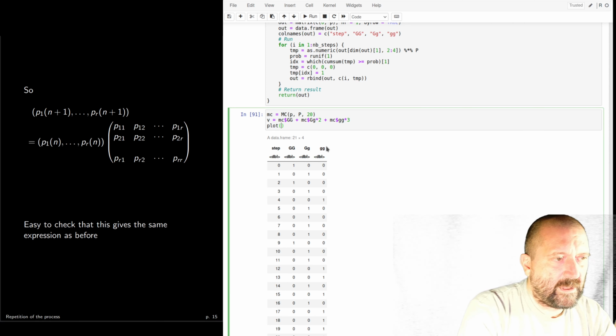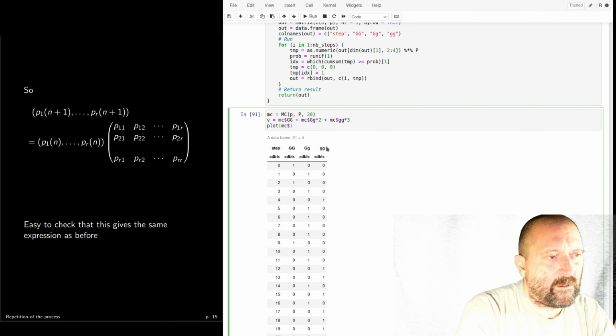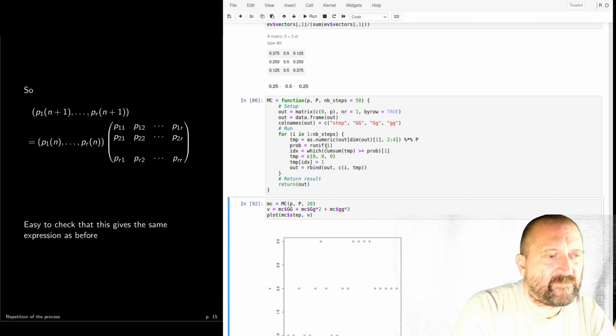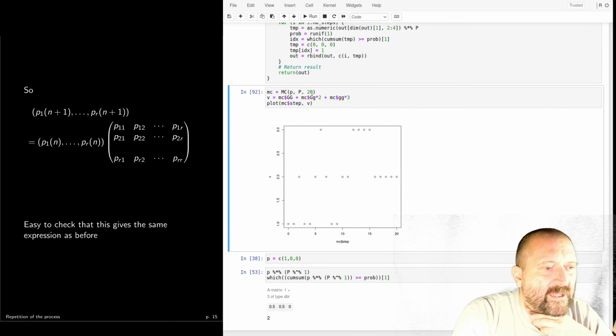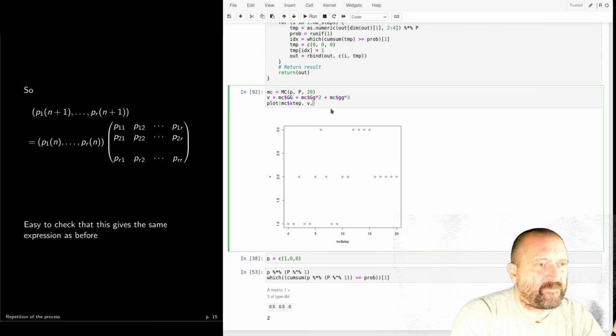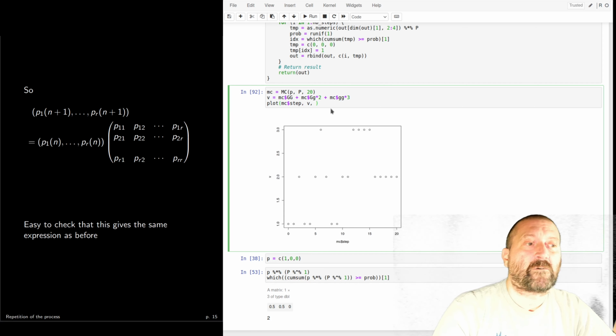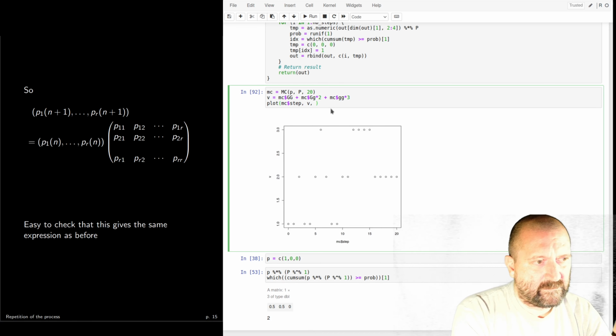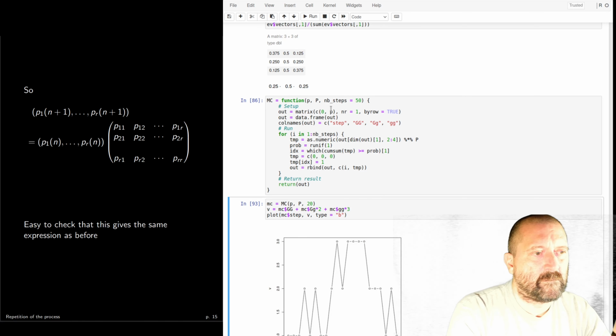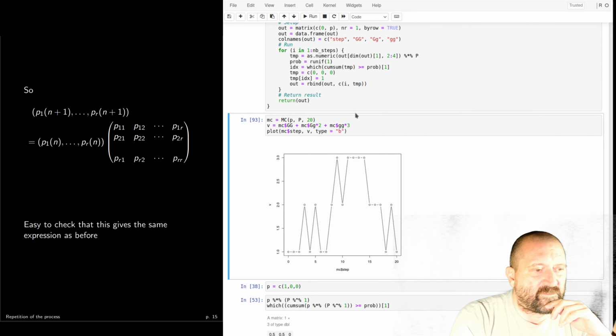I can plot MC, so I want the step, and V. And of course every time I plot it, it runs a new Markov chain, so I'm not seeing the same thing.